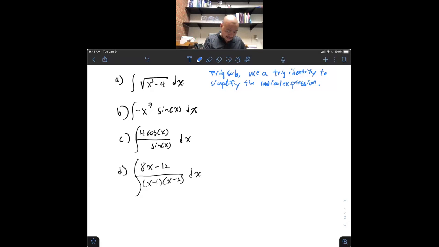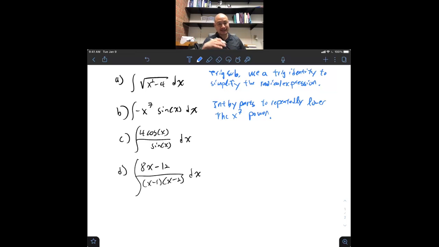So this is integration by parts to repeatedly lower the x to the seventh power.